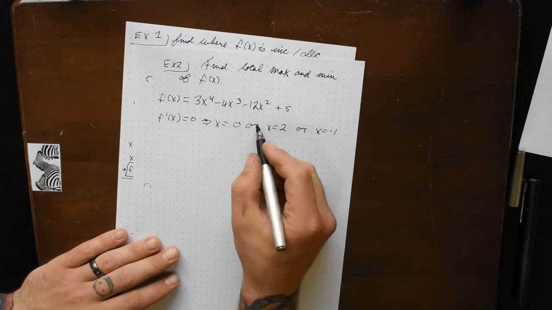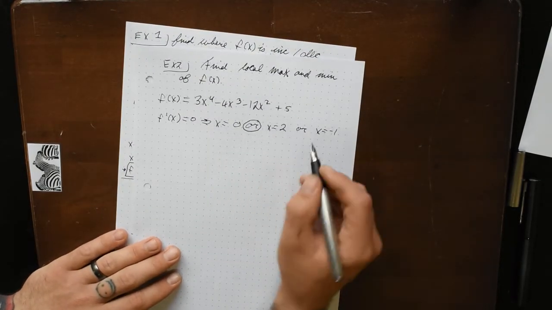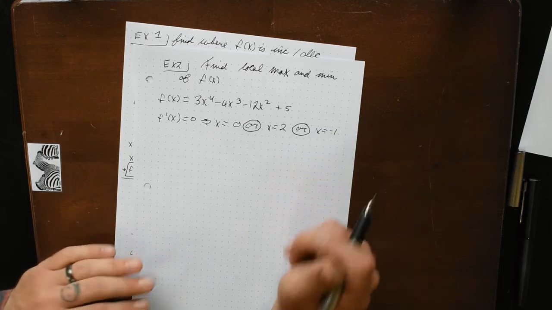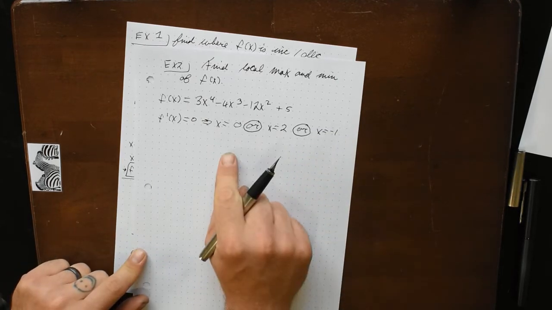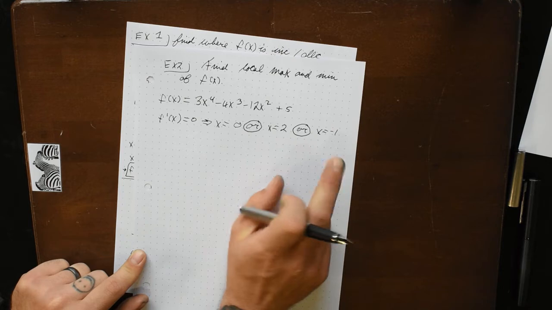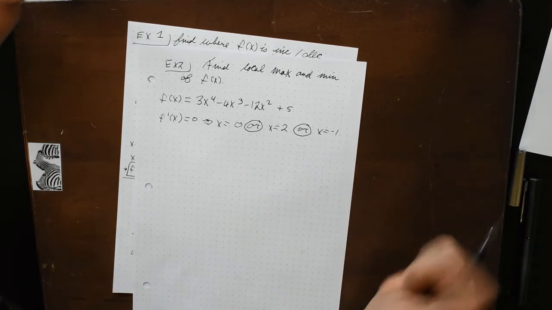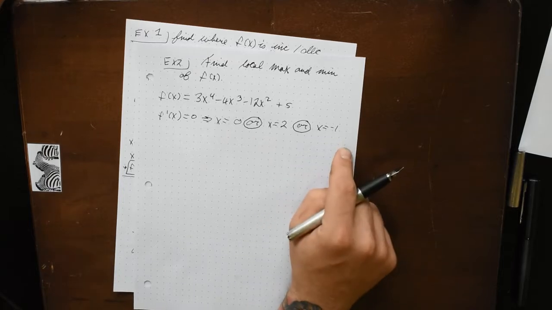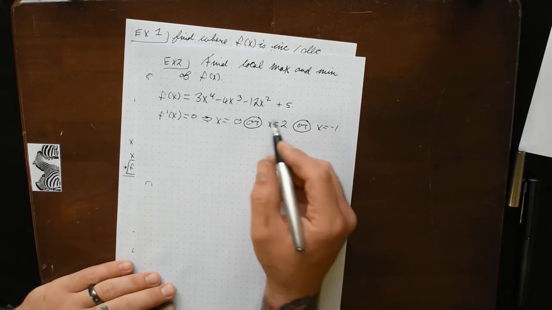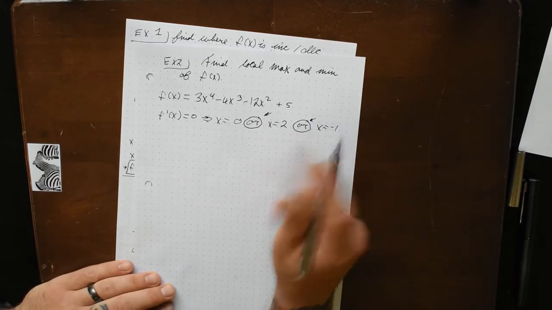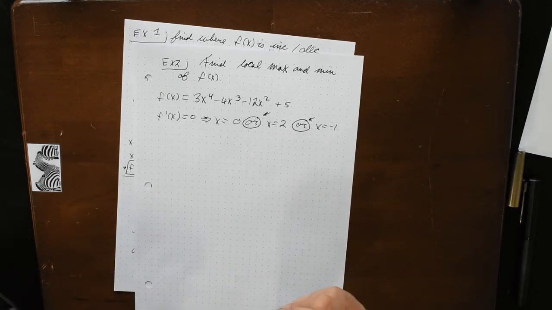It's important that you write the word or. If you don't write the word or, you could be saying that x is equal to 0 and x is equal to 2 and x is equal to -1, but that doesn't work. That's saying 0, 2, and -1 are all equal to each other. You need the word or, because x can take on different values here.